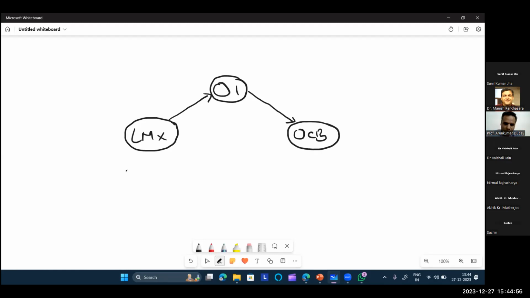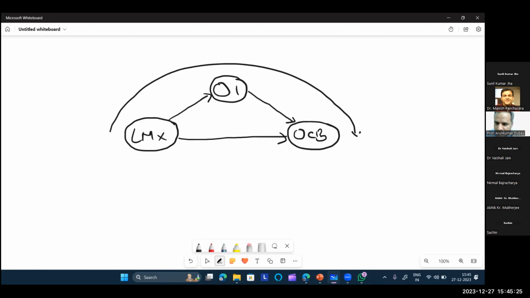Again, the quality of relationship that you have at the workplace will determine a lot of outcomes. If you are in a good quality relationship with your boss, or in the good books of your boss, you tend to identify with your organization. If you identify with your organization, you tend to engage in citizenship behavior towards the organization. So there is one direct effect: LMX leads to OCB. And this is your indirect effect.